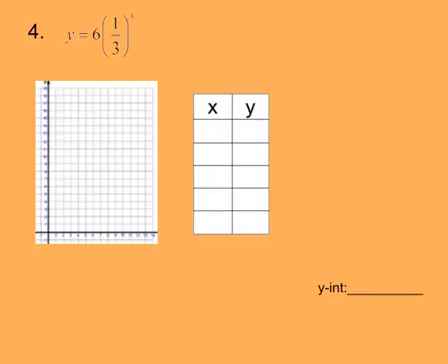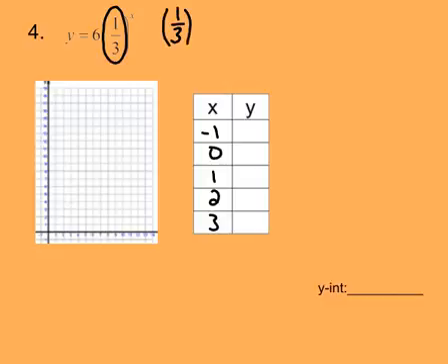Let's look at 4. Now, this one is 1/3, so I cautioned you a little bit. That one is less than 1, so we might get smaller here. I don't know why I wrote a 5. Let's get rid of that. We're doing -1, 0, 1, 2, 3 like always. 1/3 to the negative first is actually going to flip and be 3 over 1 times the 6 out front. 3 times 6 is 18.